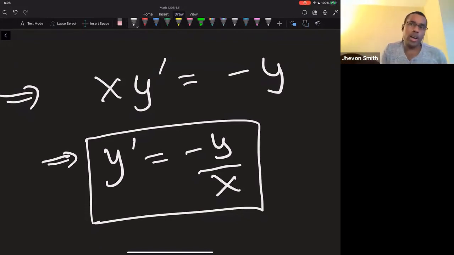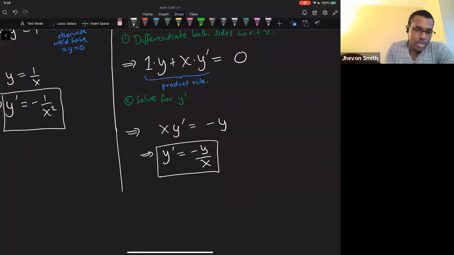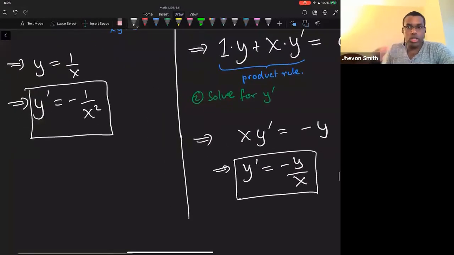But here there's a y on the other side, which might cause you some concern. But I just want to assure you that there's nothing wrong with there being a y on the other side. If you're solving for something in an equation and you want to say what this thing is equal to, the only thing that matters is that that thing is not on both sides. I want to solve for y prime. As long as there's no other y prime on the other side, we're good. If there happens to be a y on the other side, it's okay. It might look weird, but it's okay.